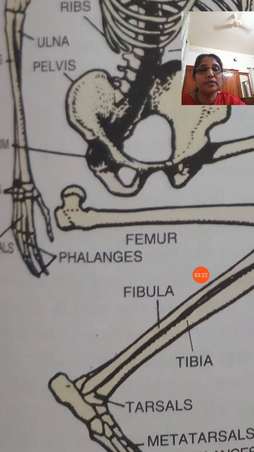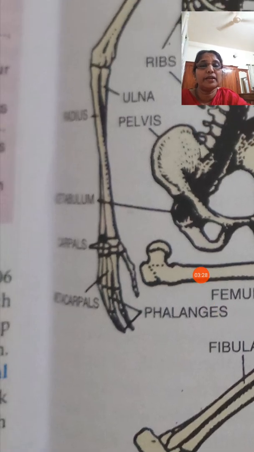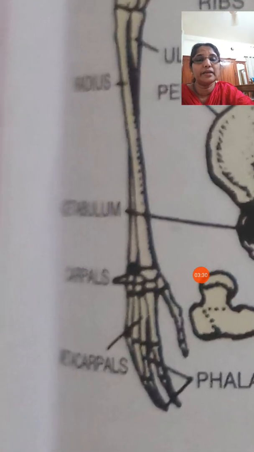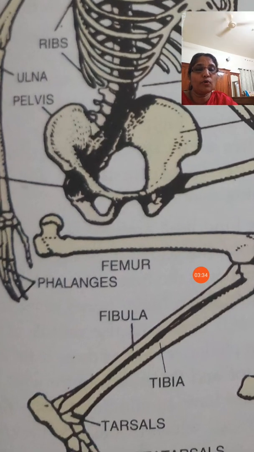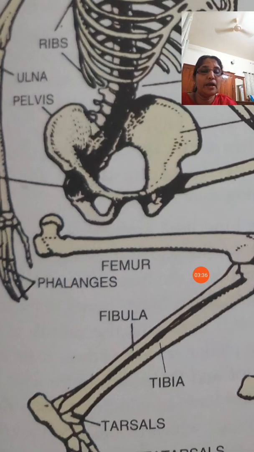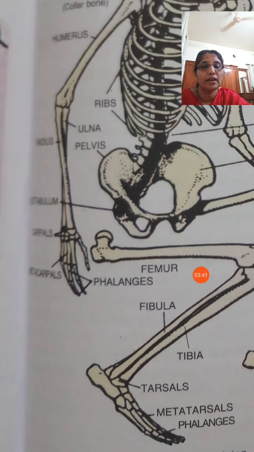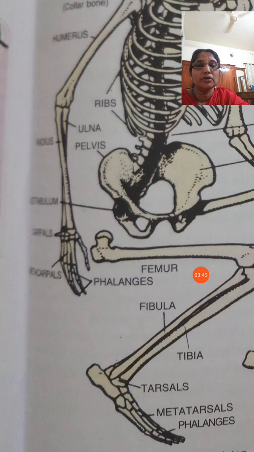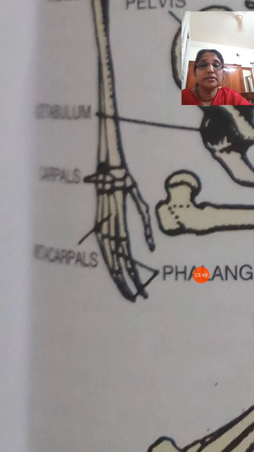The longest bone in the human body is the femur. Just as in the arm there are radius and ulna, in the lower part of the leg tibia and fibula are the 2 bones. Then the wrist bones are 8 carpals.